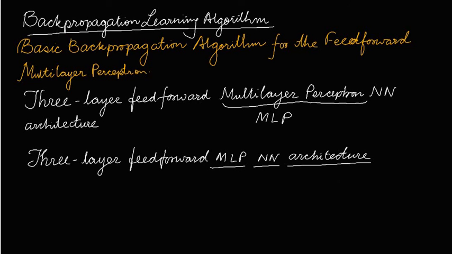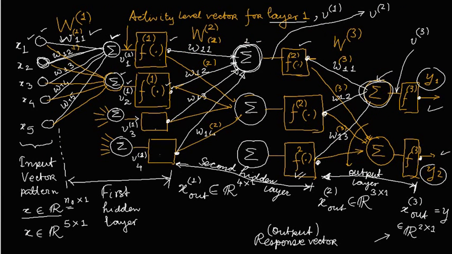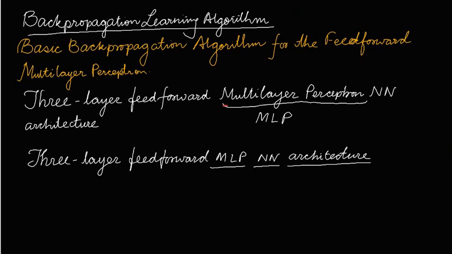So what we have just seen here is known as multi-layer perceptron neural network, MLP neural network architecture. So in the next lecture, we will see what the backpropagation learning algorithm for MLP neural network is and how it works. Thank you.